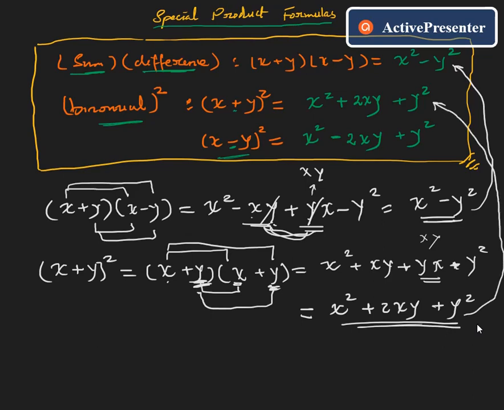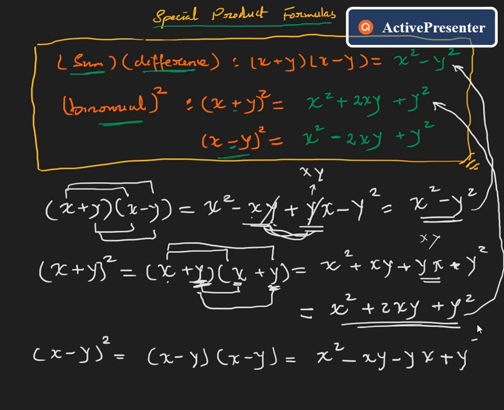Okay, now what about x minus y all to the power squared? This is equal to x minus y multiplied in x minus y. So this is equal to x squared minus xy minus yx plus y squared.